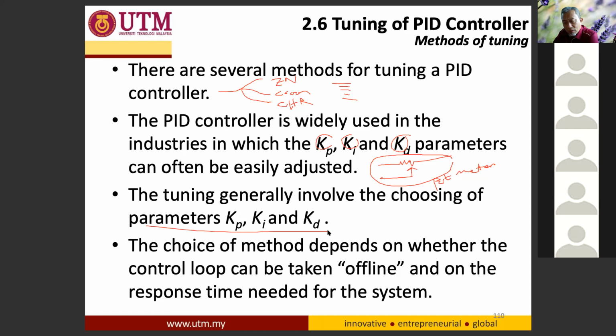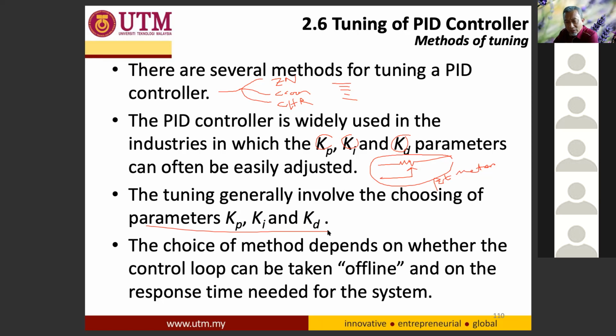A DC motor is a second order system if we neglect or ignore the value of inductance. But if the inductance value is significant, a big value, then the DC motor becomes a third order system.